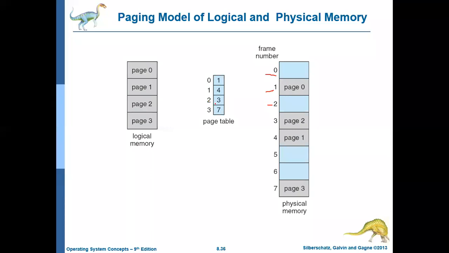Page 2 is going to frame number 3. Frame number 3 has page 2. Page 3 is going to frame number 7. So frame number 7 has page number 3. According to this page table, we are going to shift our pages into the physical memory.